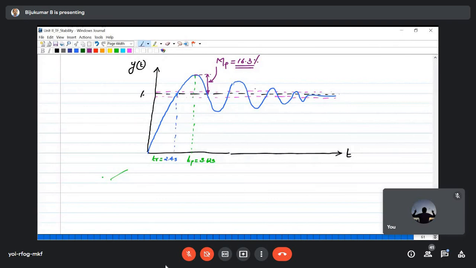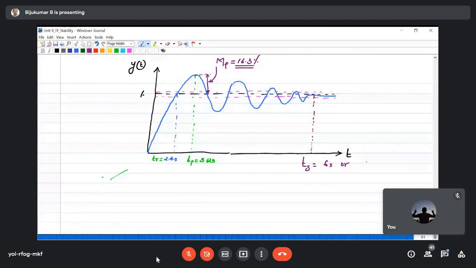Which is the settling time? It is the time taken by the system to reach the band without any oscillation. We got it as 6 seconds or 8 seconds, right?